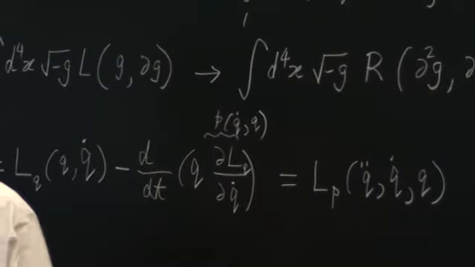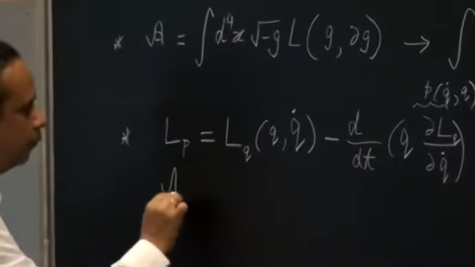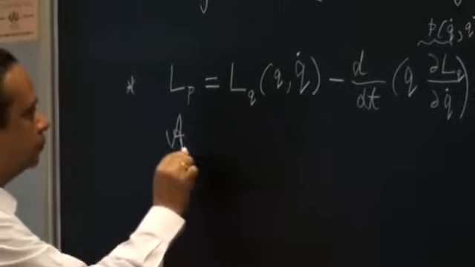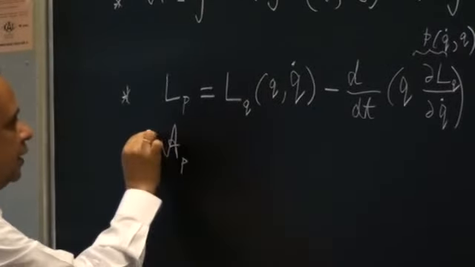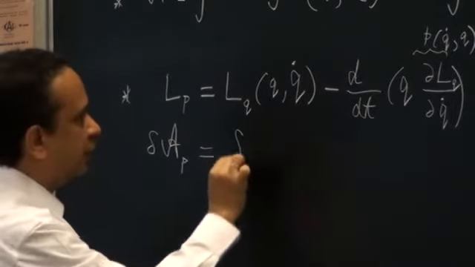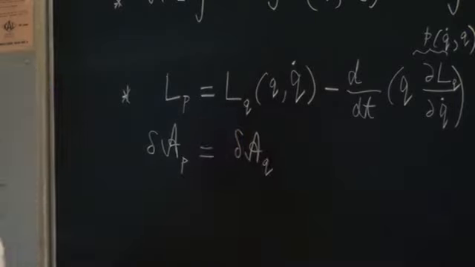Nevertheless, if you vary this, but keep delta P fixed at the endpoints, you get exactly the same equations of motion. That is because if you look at the action which comes from this, which I have called AP, and you look at the variation of that, you will first pick up the variation of AQ, which is this.